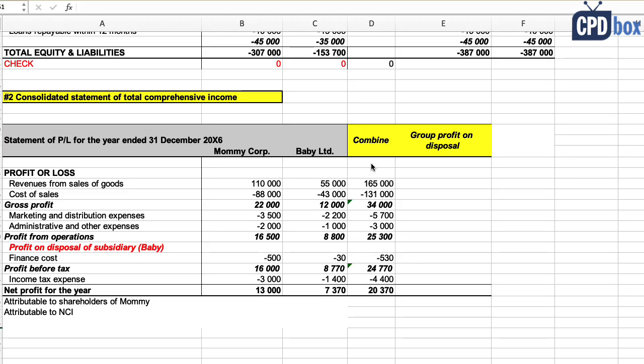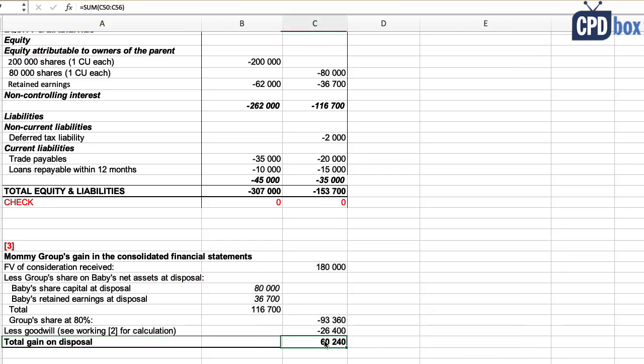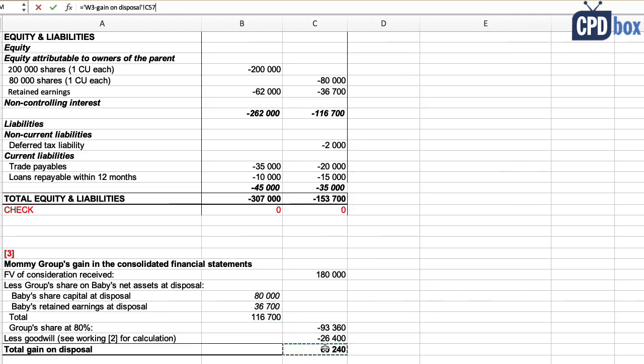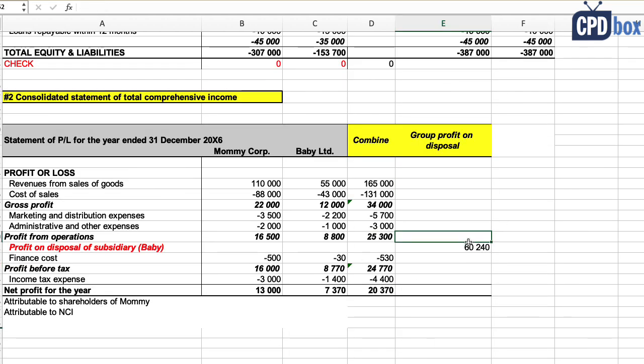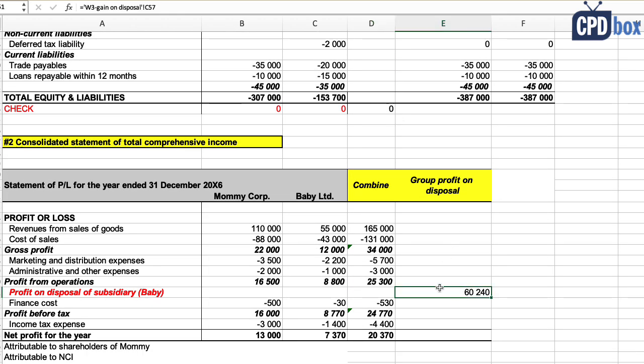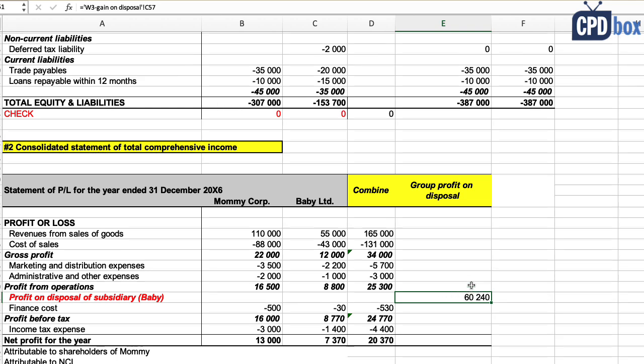And we have already calculated that gain in working number 3. So let's bring it here to our statement as a separate line item. And as I mentioned, it's not the same as the gain in the balance sheet above because in fact you are also removing goodwill, non-controlling interest and other items which we did not show here because we did not aggregate the balance sheet.